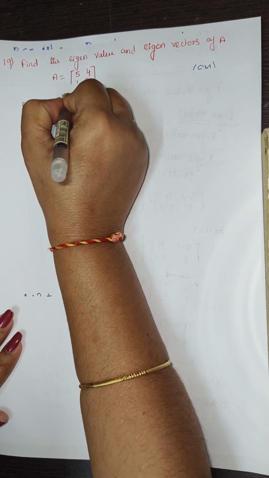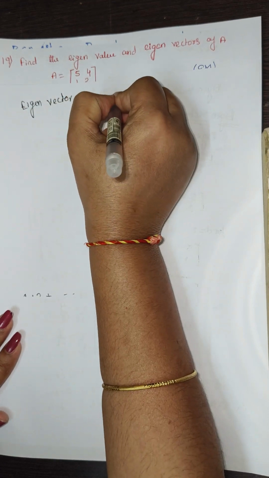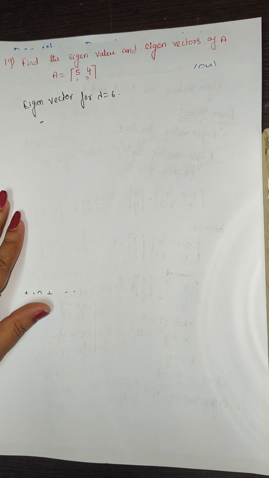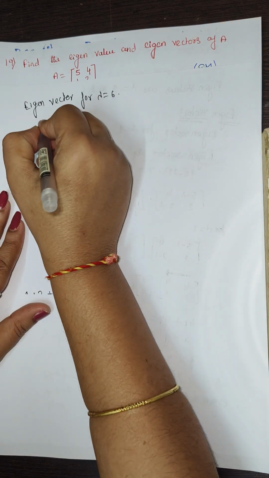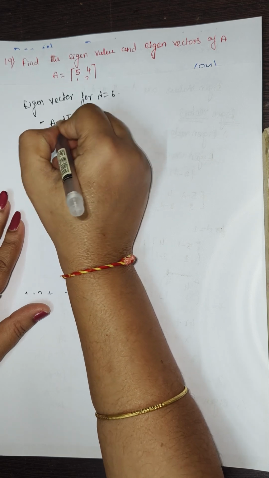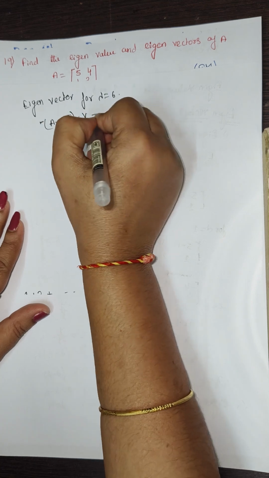Now we will find the eigenvector for lambda equals 6. What is the equation? (A minus lambda I) into V equals 0.